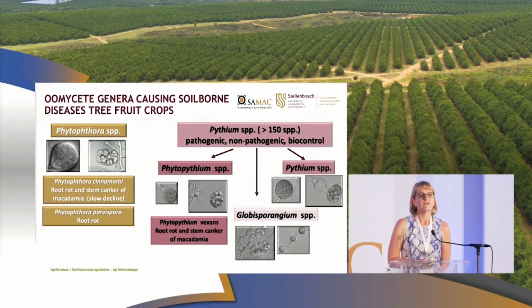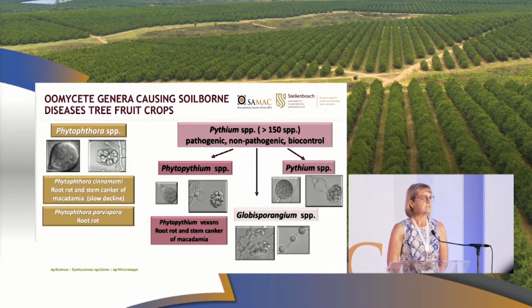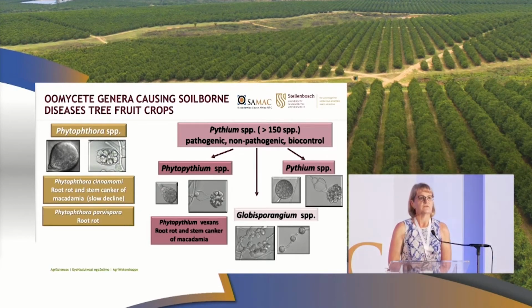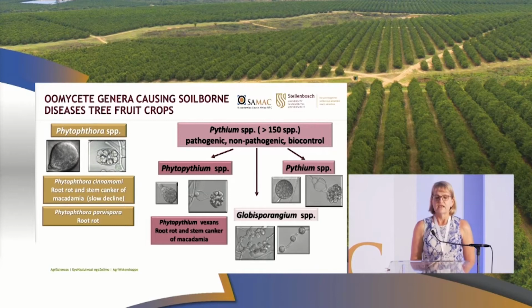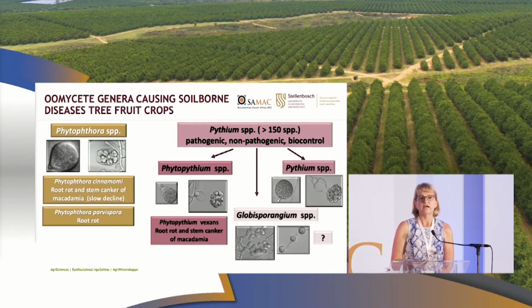So we have ongoing efforts in developing detection methods for Phytopythium vexans in nurseries, because we believe it's not good for a nursery to distribute these trees. But unfortunately, this specific species is not as easy to identify as Phytophthora cinnamomi, so this is still work in progress. And then, based on our pathogenicity trials, there are also some Globisporangium species that may be damaging to young trees.